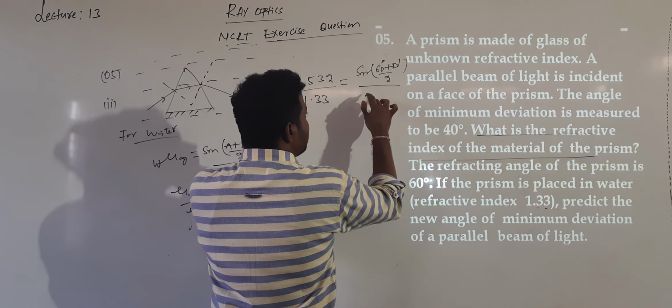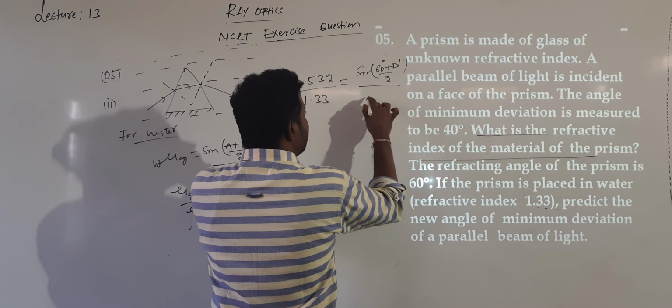Sin 30 degrees, can I write it as 0.5? Now what answer will I get? Sin of (60 degrees plus D dash) by 2 will be equal to 1.532 by 1.33 into 0.5.